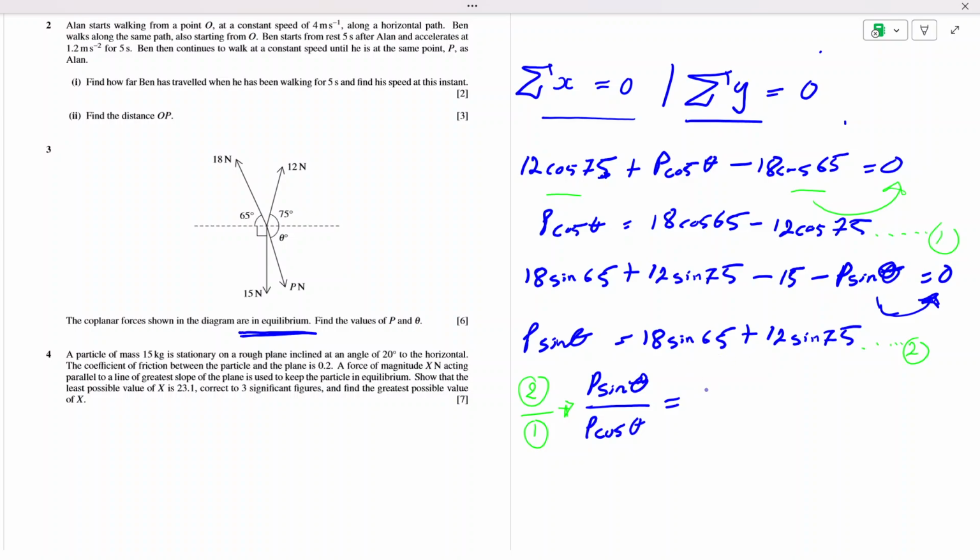Then it's going to be equal to 18 sine 65 plus 12 sine 75, and all of that over 18 cos 65 minus 12 cos 75.